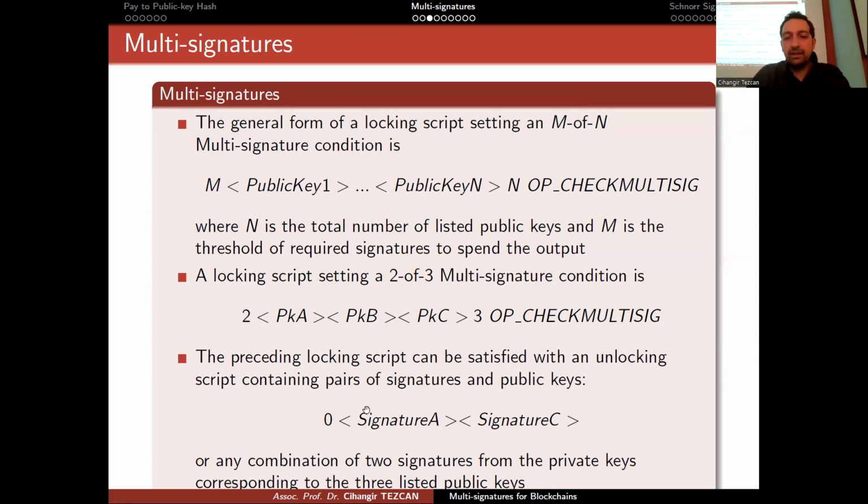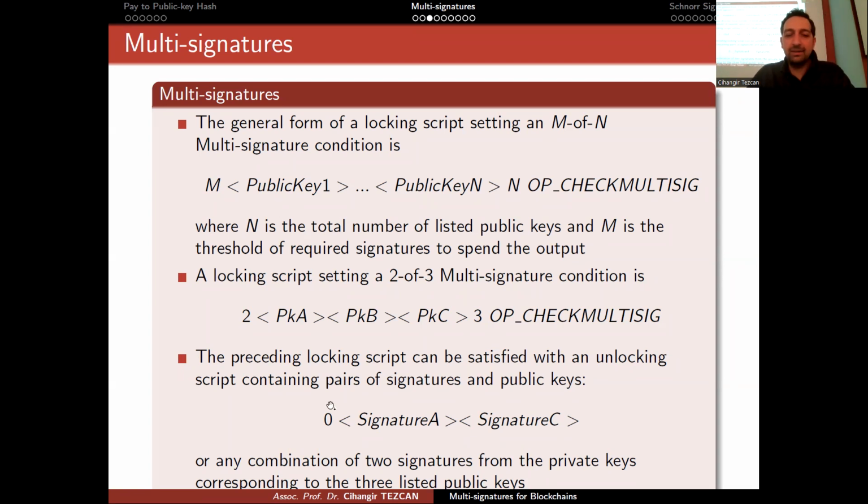In the unlocking part, you have to provide at least 2 signatures, because it says 2 here. The preceding locking script can be satisfied with an unlocking script containing pairs of signatures and public keys. So 2 signatures are enough. Here I said A and C, but actually any combination of 2 signatures from the private keys corresponding to the 3 listed public keys is enough. So instead of AC, you can say BC or AB. All of the scenarios are correct.